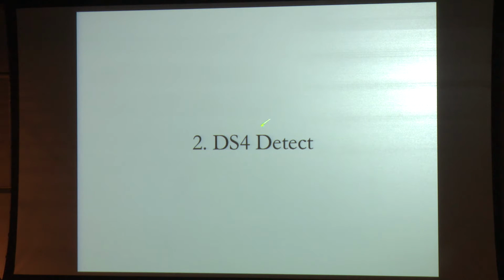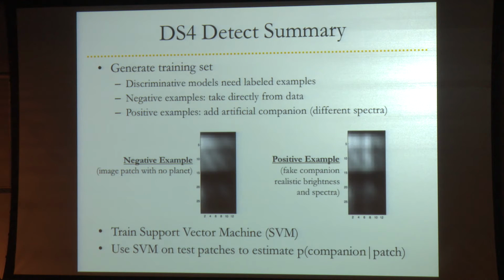Now, in the discriminative version, we do need labels. For each radius and angle offset from the center, you're going to have to create your own little fake data set. You can take the negative data directly. You can assume that there's only a single planet, perhaps, at any given radius from the host star.